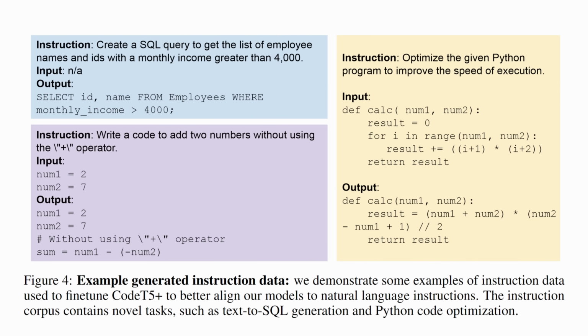To show you how this looks, very familiar, you know this. If it's SQL, Python, never mind. You have an instruction. Let's take this one on the right side. Optimize the given Python program to improve the speed of execution. And this is the training data set. So you have an input that is not optimized. And then you have an output of a code sequence that is optimized for speed of execution.